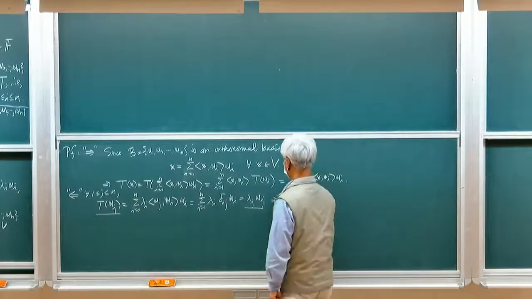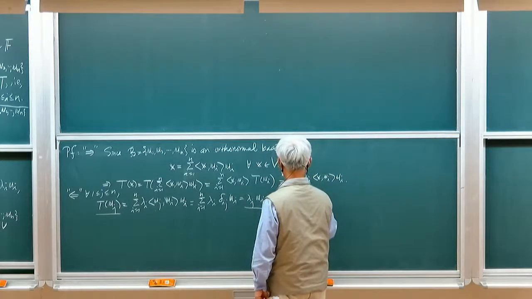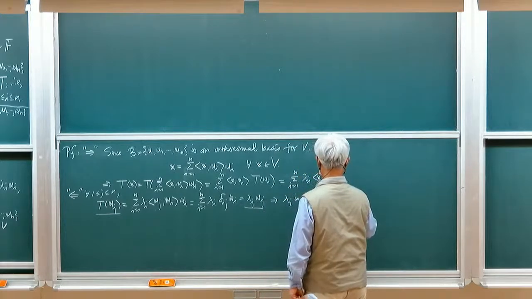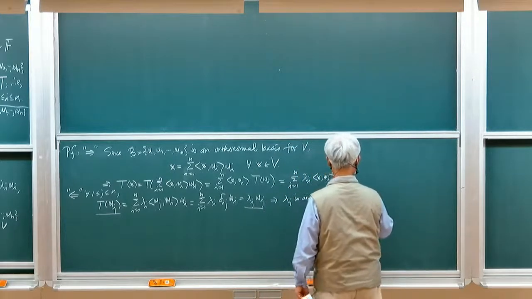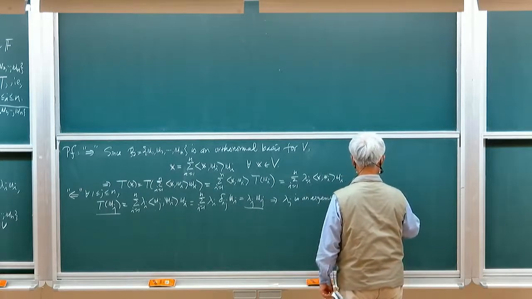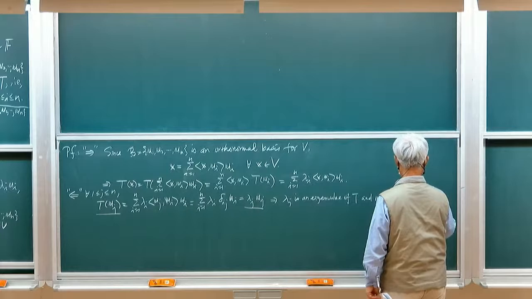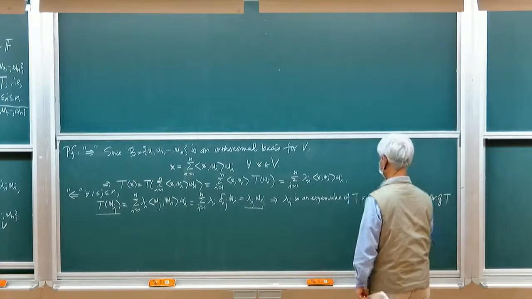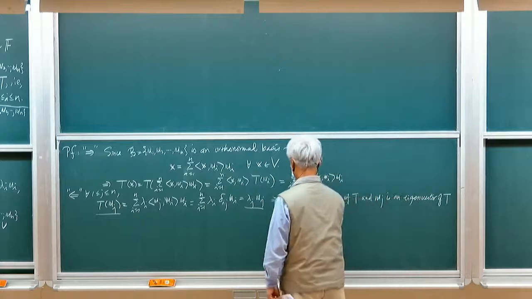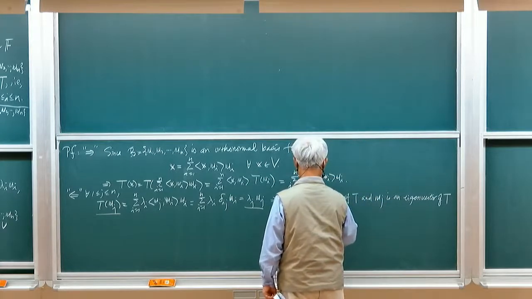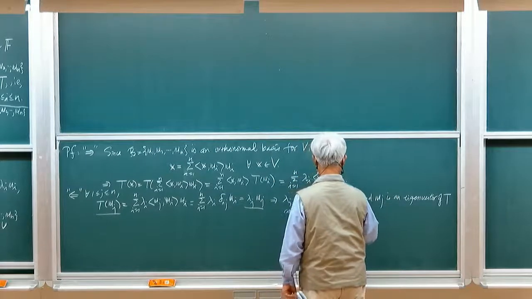So this implies that lambda_j is an eigenvalue of T, and u_j is an eigenvector of T corresponding to lambda_j.